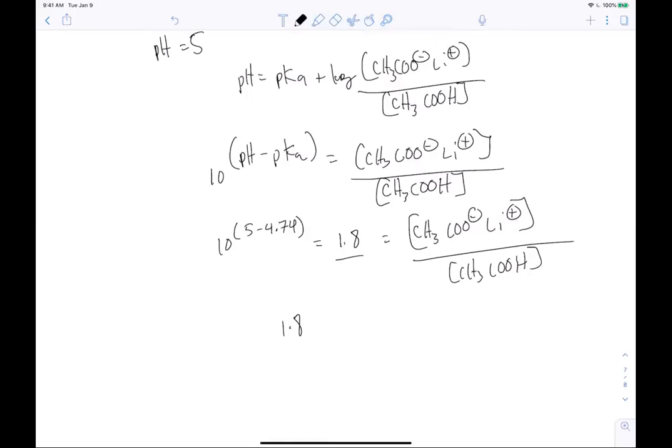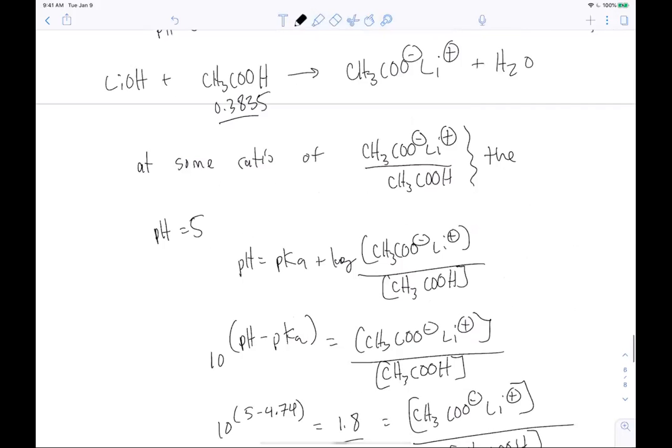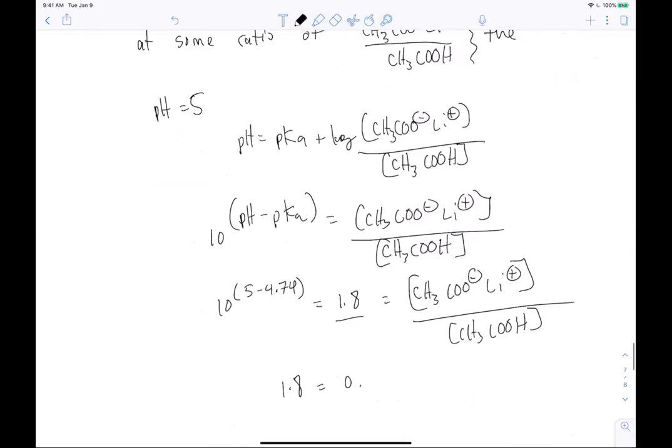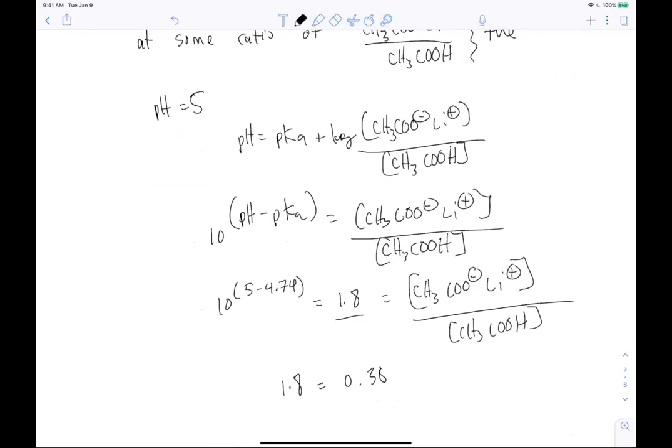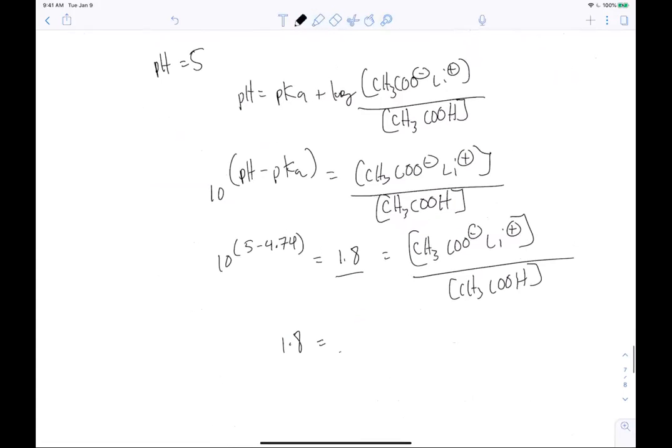So 1.8 is equal to 0.3835. Let's just call that 38. So that's the moles of, this is the moles of acetic acid that we're starting with.